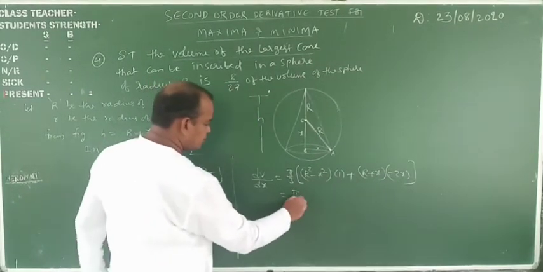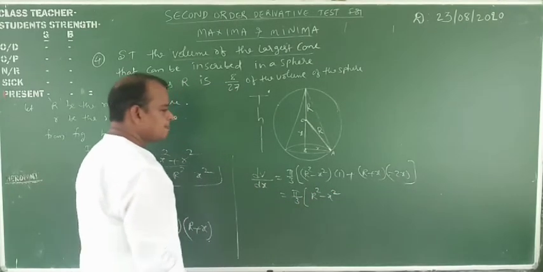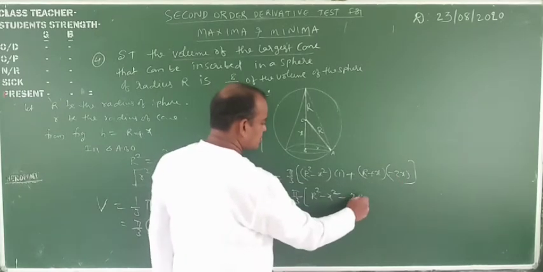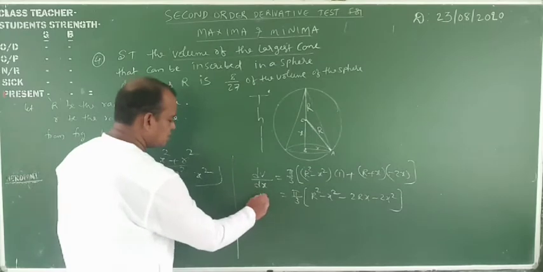Now pi by 3 into (R square minus x square) minus 2Rx minus 2x square. This is dV by dx.